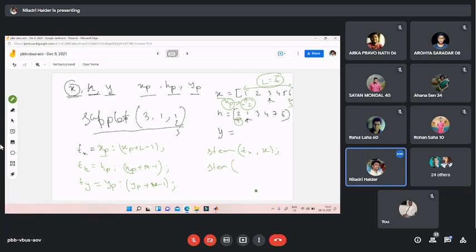Then stem t, h, that will be input h, and stem t y, with y as the y axis, that will give you the output.